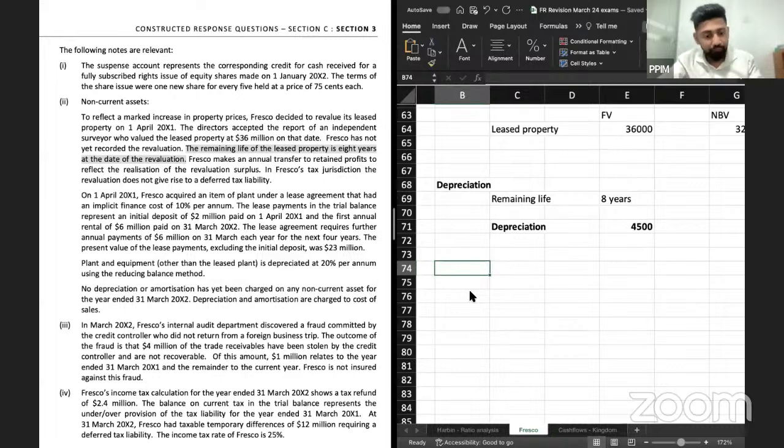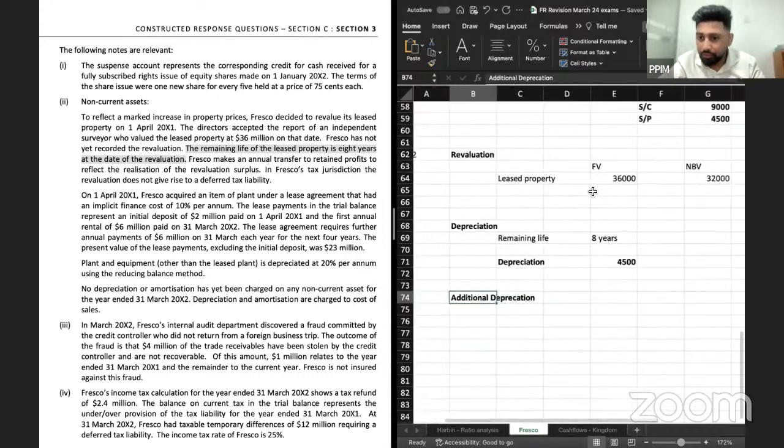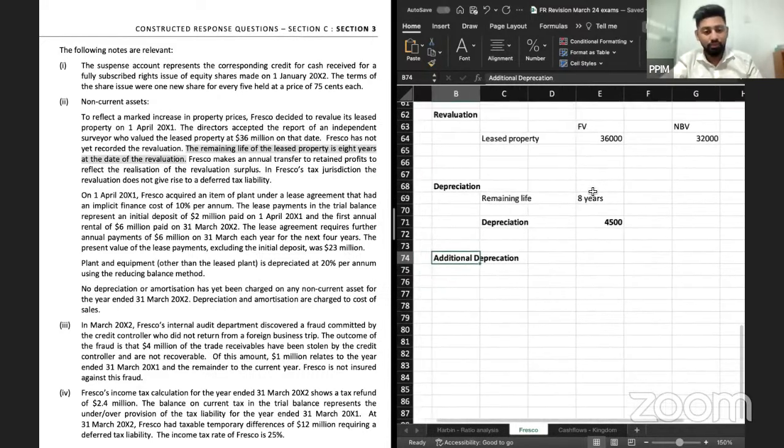Because you revalued, there is additional depreciation. They say this additional depreciation is transferred to the revaluation reserve.